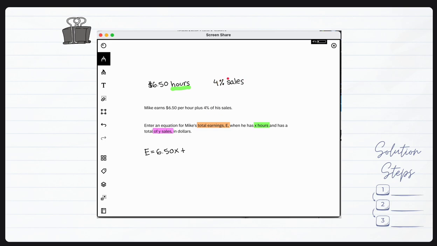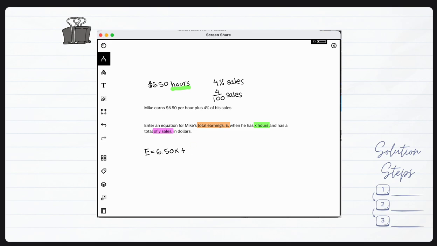4% of his sales. Now 4%, we can't just write 4% into our equation. What 4% actually means is 4 over 100 times the number of sales he has. So we need to simplify that 4 over 100. Since we already have a $6.50, a decimal in our equation, we're probably not going to want to add a fraction.